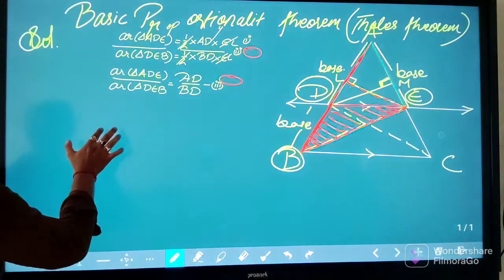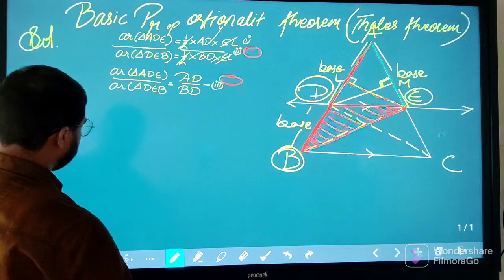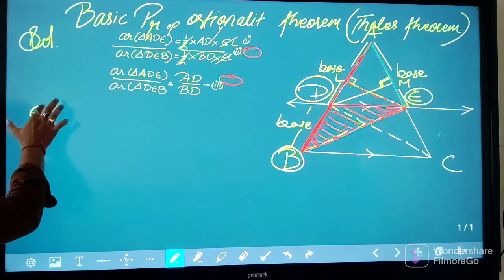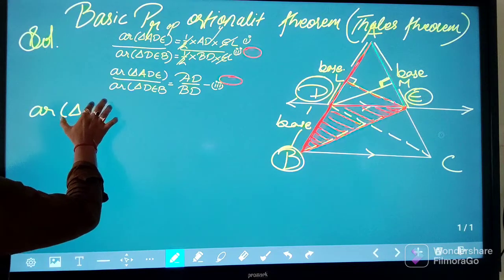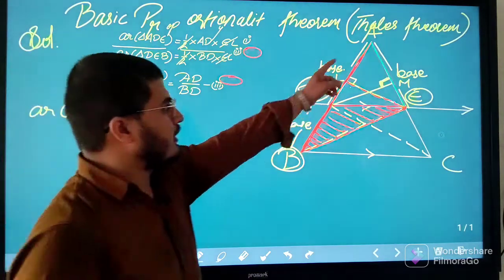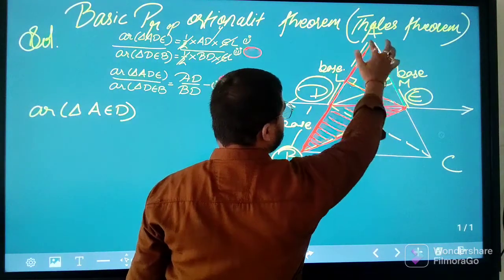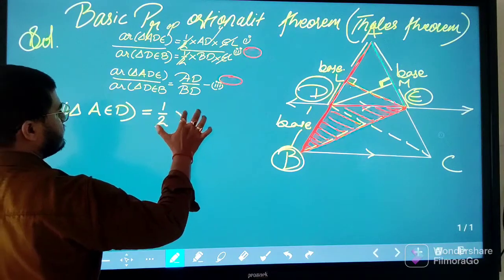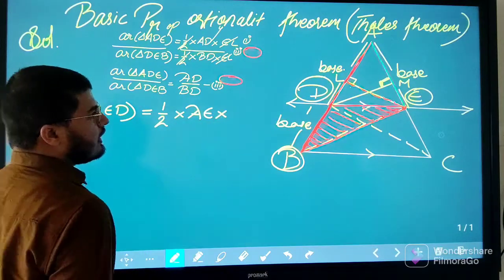So again we can say that area of triangle AED is, base is this time AE, so is equals to half multiplied by base, that is AE into height.